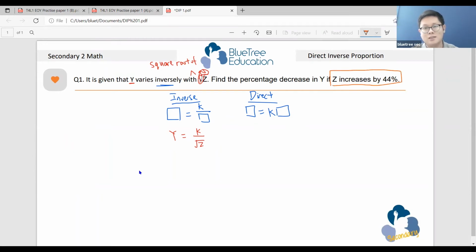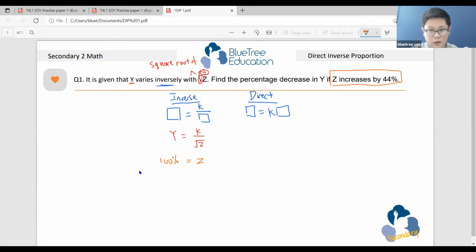And they say that z increases by 44%, all right? So we will basically let z, the original z, be 100%, okay? Now, depending on your school, some schools might not accept equations that say 100% equals z, because z is supposed to be a value.